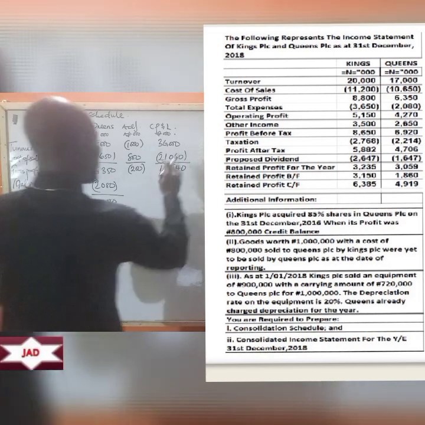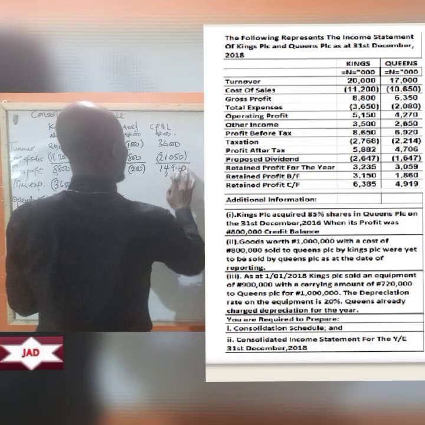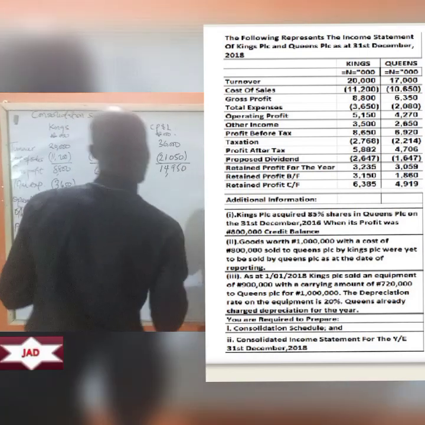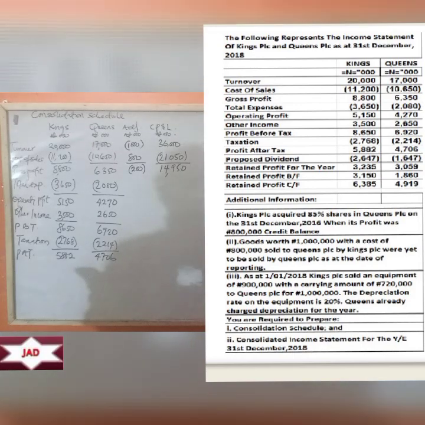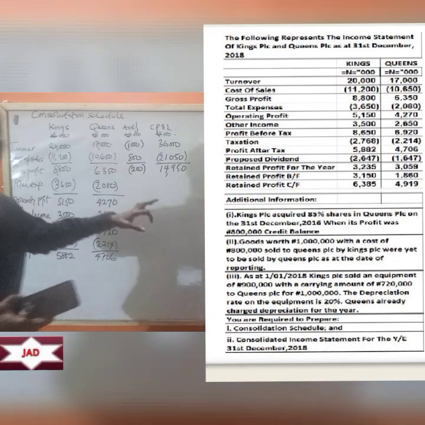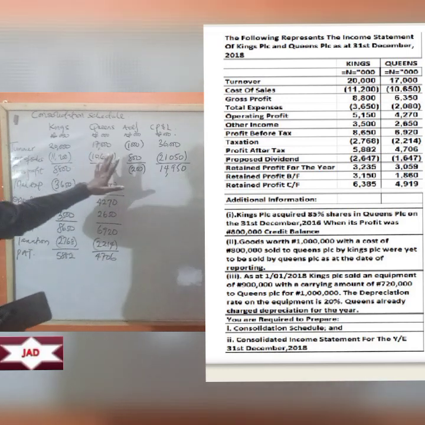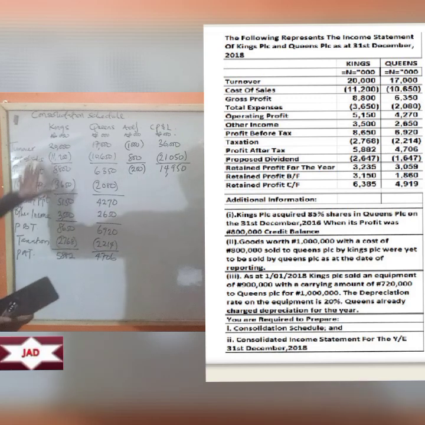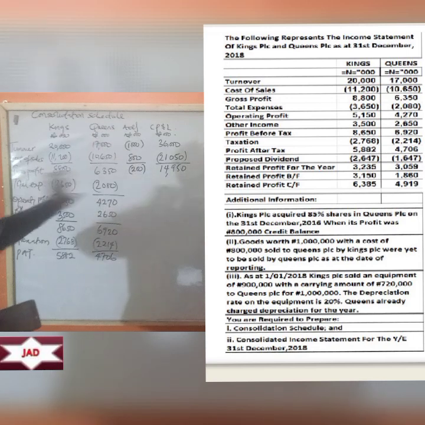Okay, this is 21,050. So what we've done here is to adjust for the intragroup sales and purchases. There was a sale made by the holding company to the subsidiary to the tune of 1 million, but the cost of that product is 800. So the profit is 200. So we've adjusted for it like this.